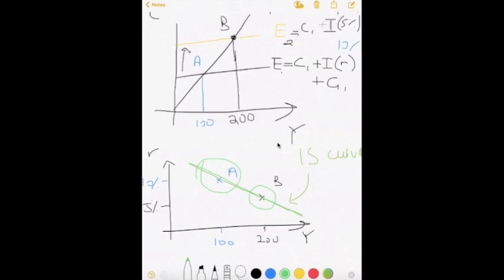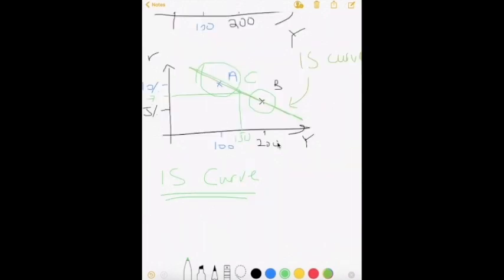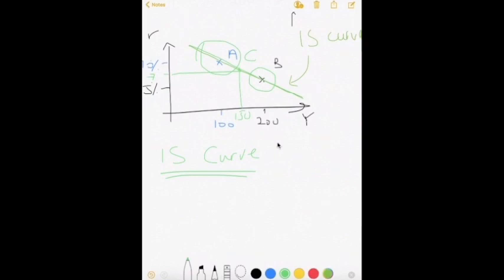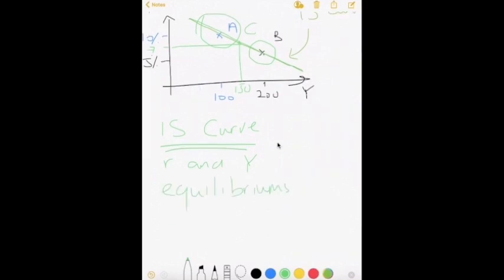So for example, if the interest rates had been 7%, then the GDP might have been say 150, and this point C would have been another equilibrium in the goods and services market. So the IS curve shows you combinations of interest rates and GDP, which are equilibriums in the goods and services market.